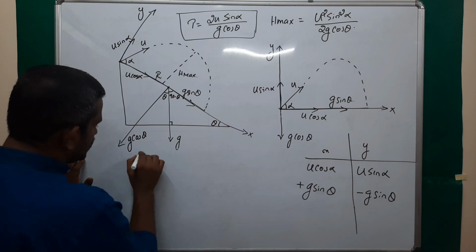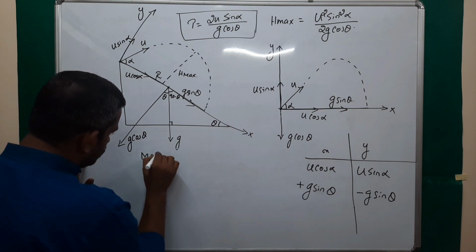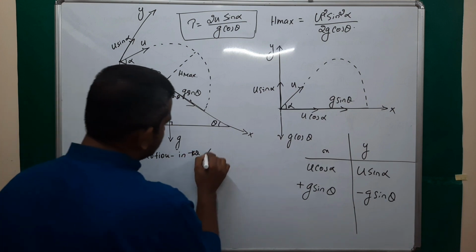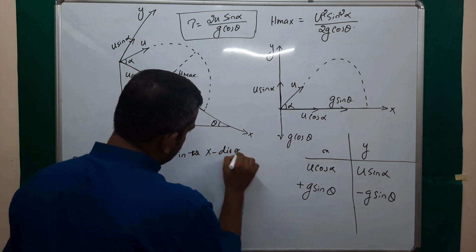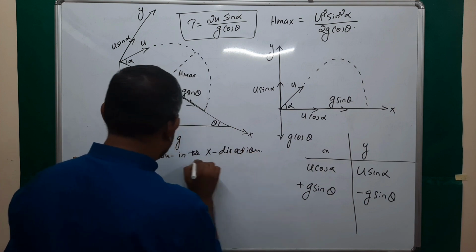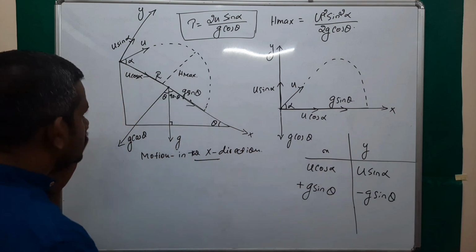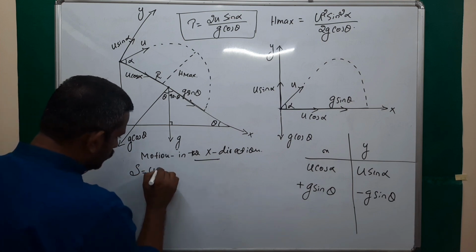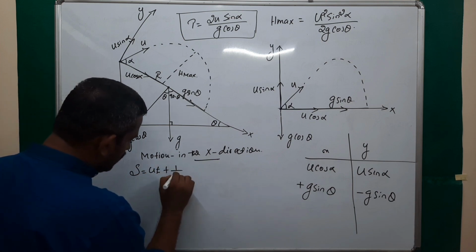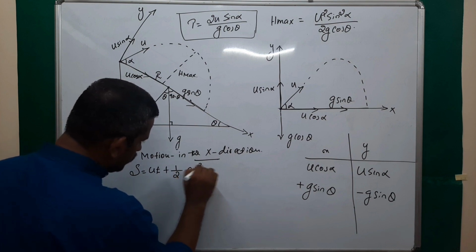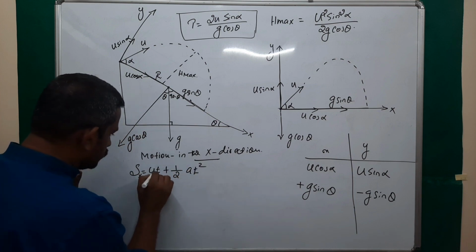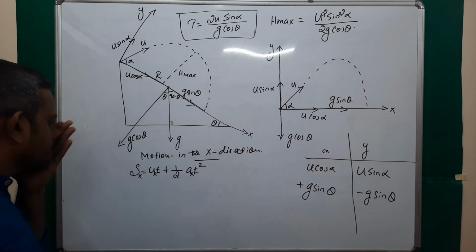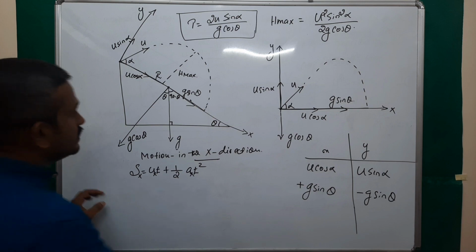Motion in the x direction. I am using the equation S is equal to ut plus half at square. So Sx equal to uxt plus half axt square. What is Sx? That is the range.